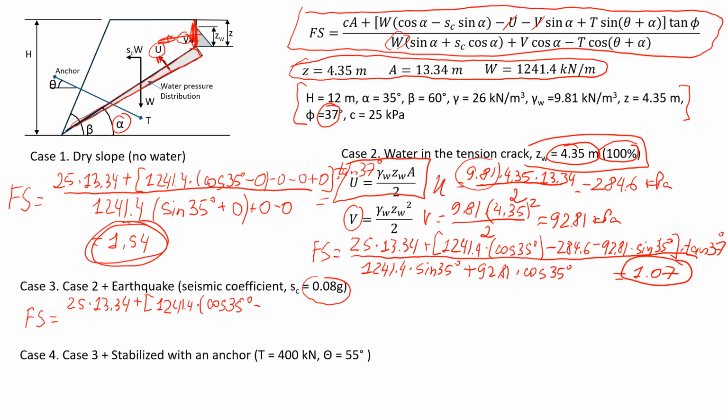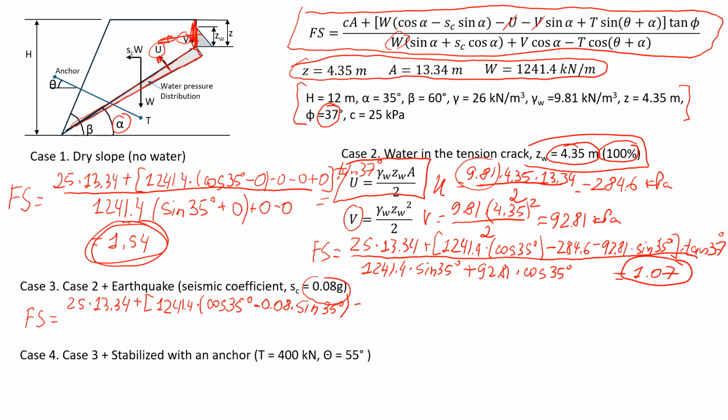And here we have an additional component that comes from seismicity. It will be 0.08 multiplied by sine of 35 degrees. Then the rest is the same as in the previous case.